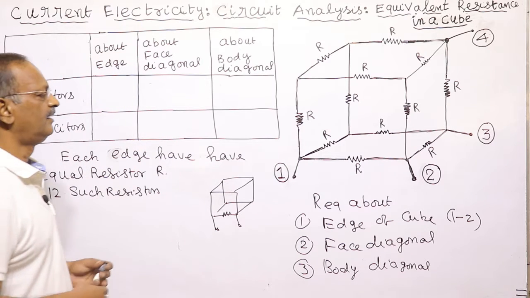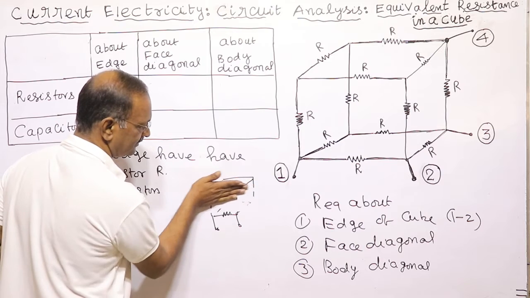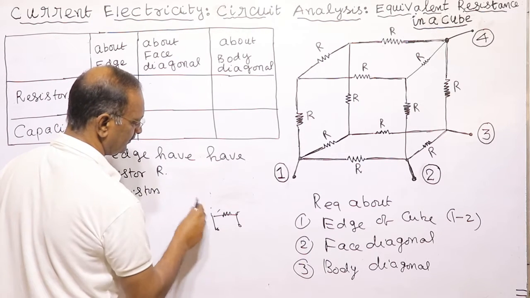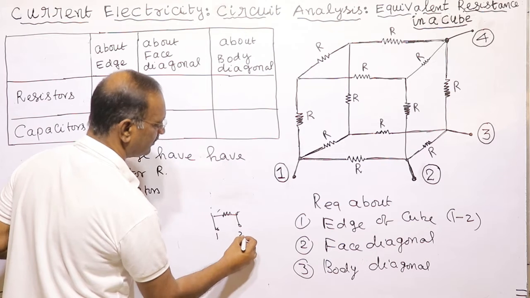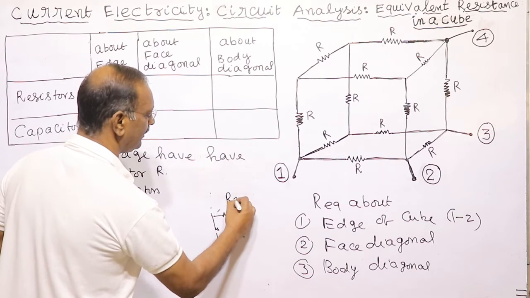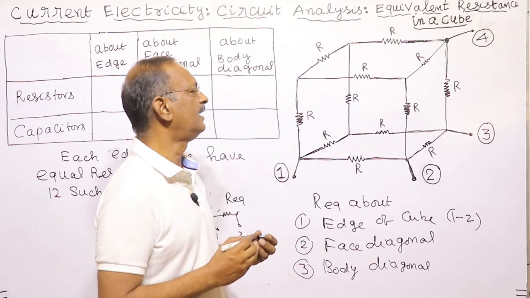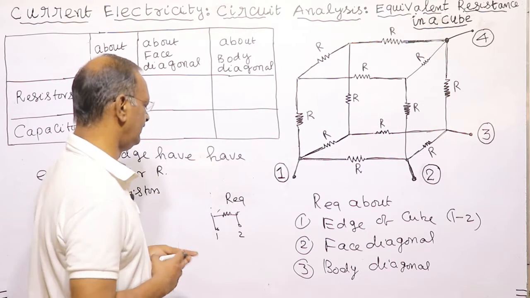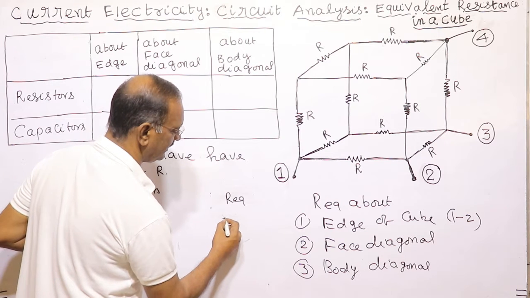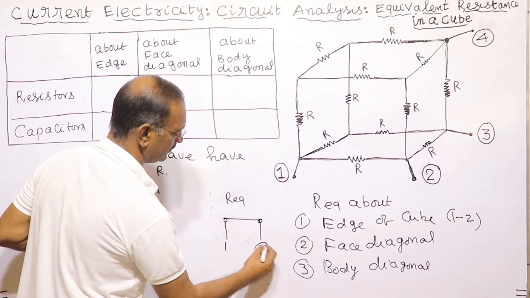First, we are going to talk about the edge. We remove all these things. This is the terminal 1 and 2. So what is R equivalent? We have removed all the resistors and taken R equivalent between these two terminals, that is between edges 1 and 2.